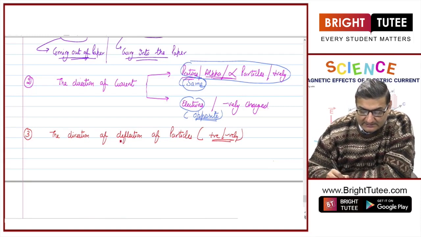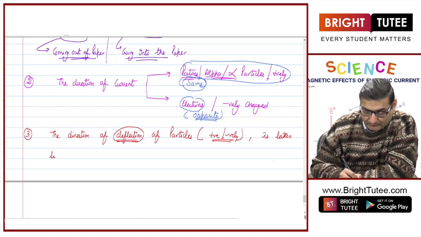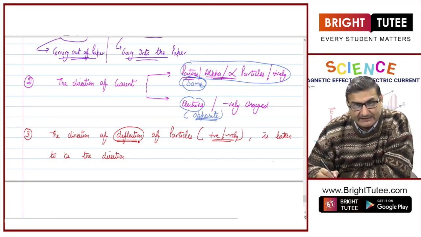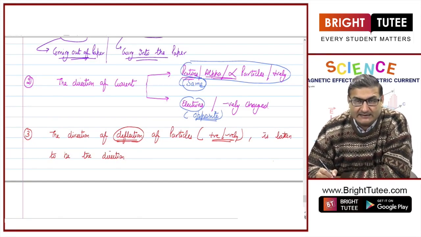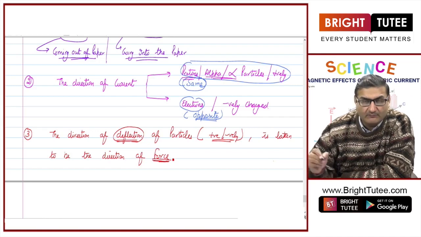Wherever these particles are getting deflected, that direction is taken to be the direction of force, because this is where they are getting deflected, meaning in that direction force must have been exerted, so that will be the direction of force.